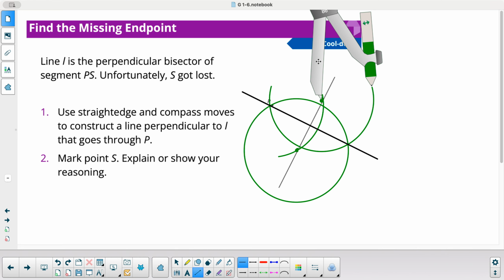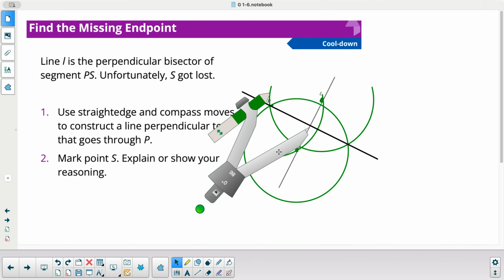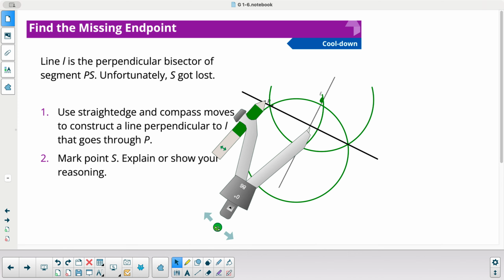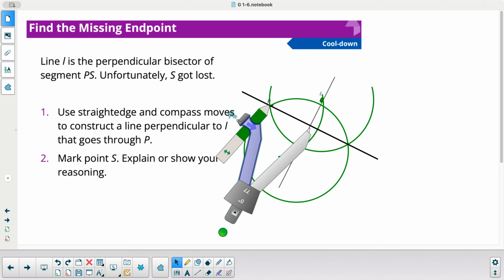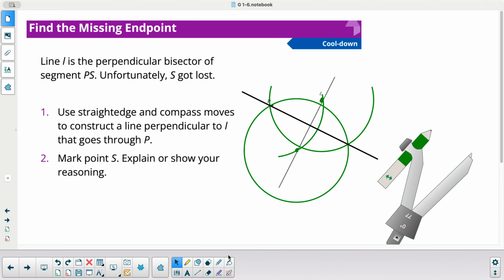You can measure it also with a compass if you want, just to verify. So if I go ahead here and measure this distance, that should be the same as that distance right there. Okay. So this point right here would be S.